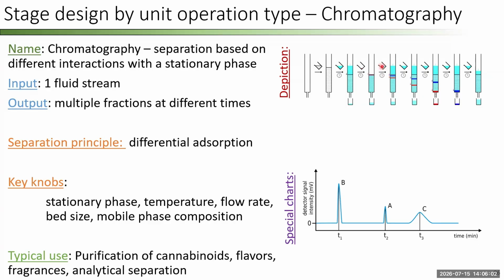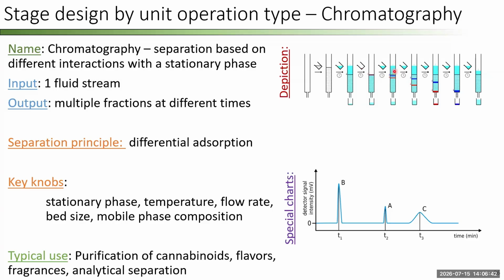I then continue to pour more of my mobile phase into the column. As that mobile phase flows downwards, it carries what I'm trying to separate down with it. If there are multiple molecules, maybe two different functionalized forms with a similar backbone you want to separate, they may bind differently to the stationary phase, or partition differently between the stationary phase and the mobile phase.